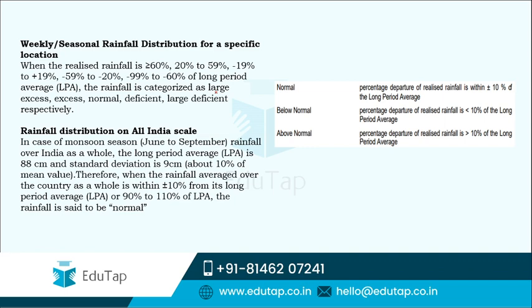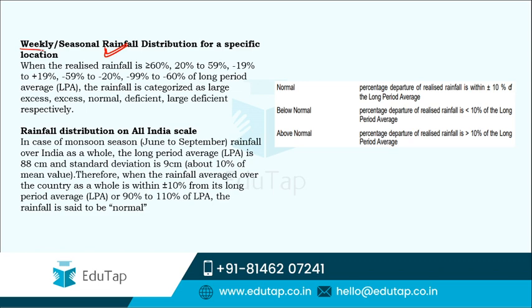See friends, before starting the session, last week we had a class on agrometeorology. I told you that weekly or seasonal rainfall distribution is divided into various types based on the LPA, the amount of LPA received by that particular area. There are two types of distribution.